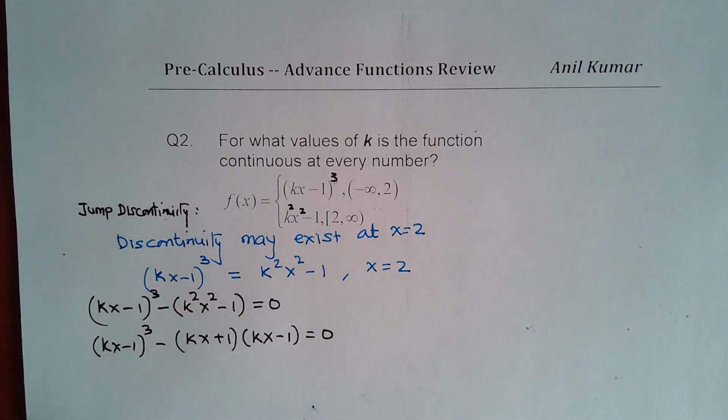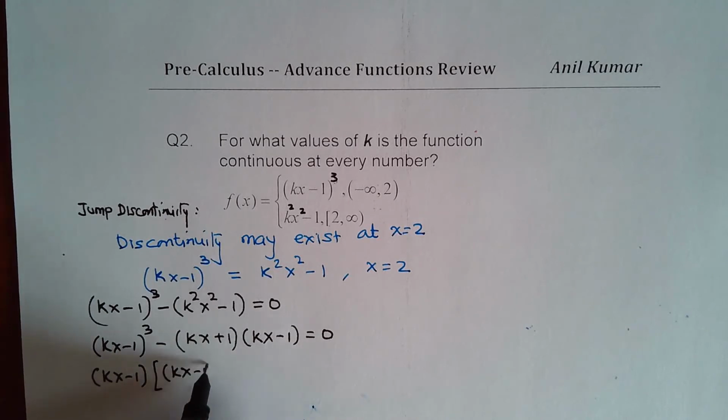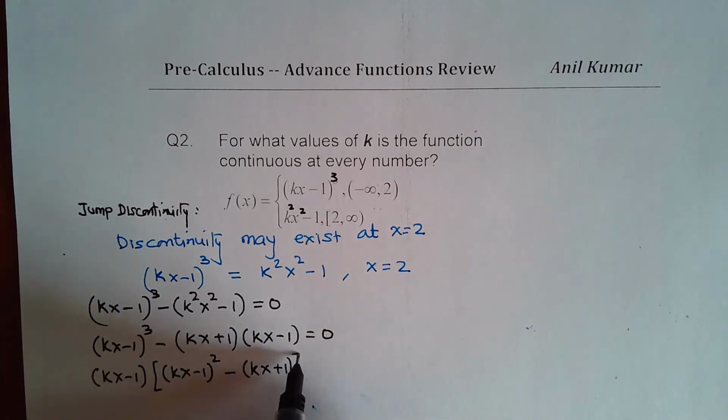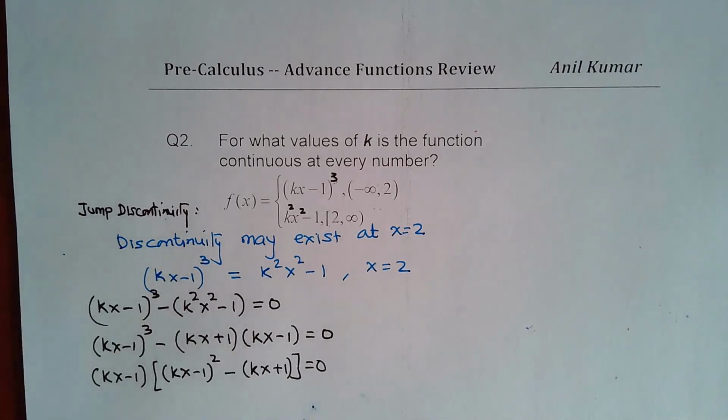Now we have a common factor, which is kx minus 1. So if I factor this out, I get (kx minus 1) whole square from the first term and (kx plus 1) from the second term. Do you see that? This can help us solve the equation. So now we are just going to expand and simplify the factor inside the square brackets.